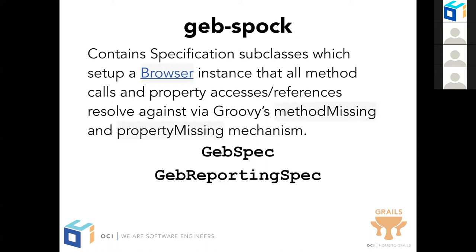So the base specifications that ship with that module delegate method calls and property accesses to a browser class instance, which, as I said, is Geb's wrapper around WebDriver instance. So these base classes, these base specifications, handle the life cycle of a browser instance for you. So you can go straight into navigating to pages and interacting with content.